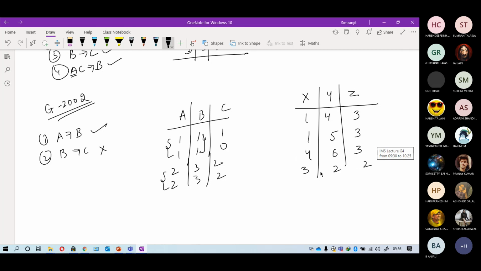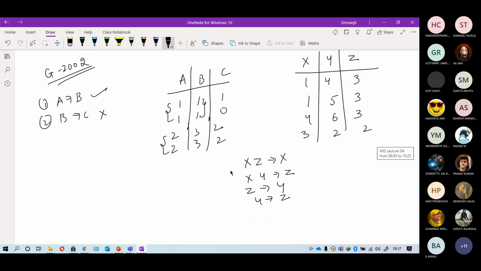XZ tends to X. Is this holding? Which of the following functional dependency holds? Z tends to Y, Y tends to Z, and one more, that is XZ tends to Y. Okay, so try to do this. Take your time. Tell me which particular functional dependency holds.